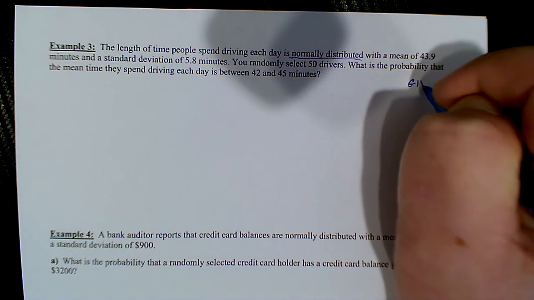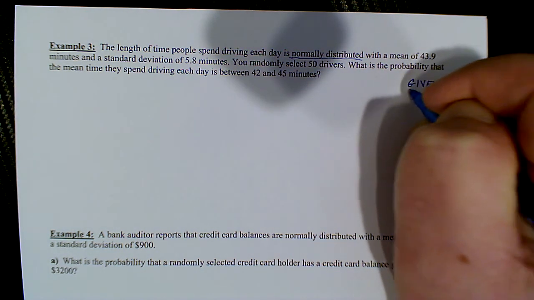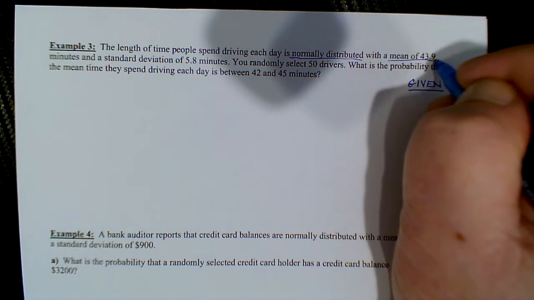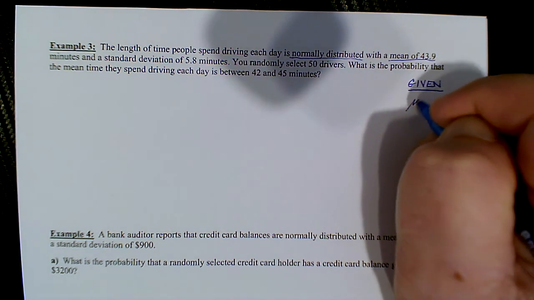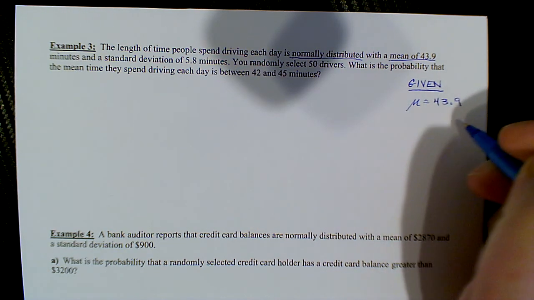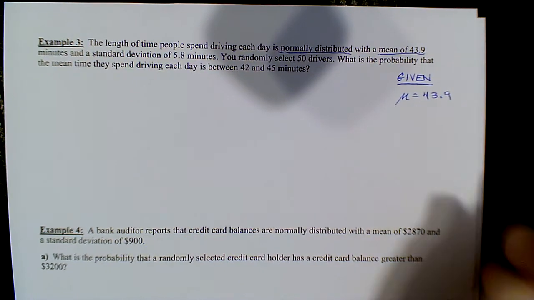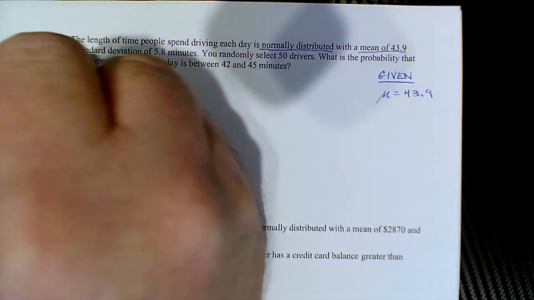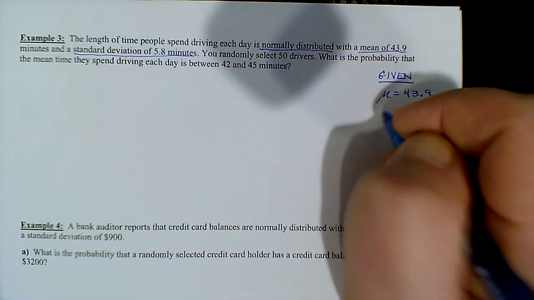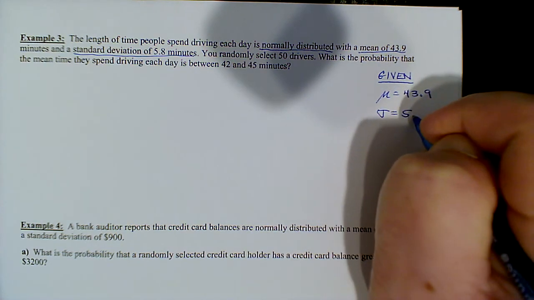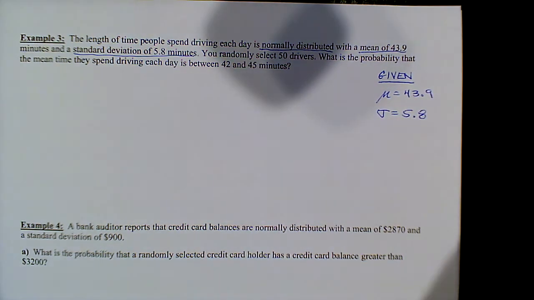But here's the given, once again, off to the side. The mean is 43.9, so that's mu. You want to make sure you associate the right symbols with the given data. Standard deviation, 5.8. Those are the two things that are always going to be given, right? Because that describes the normal distribution.